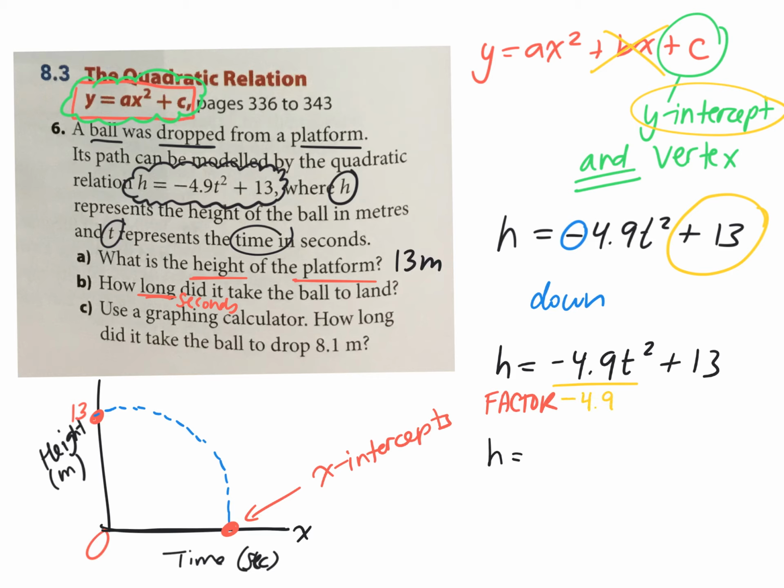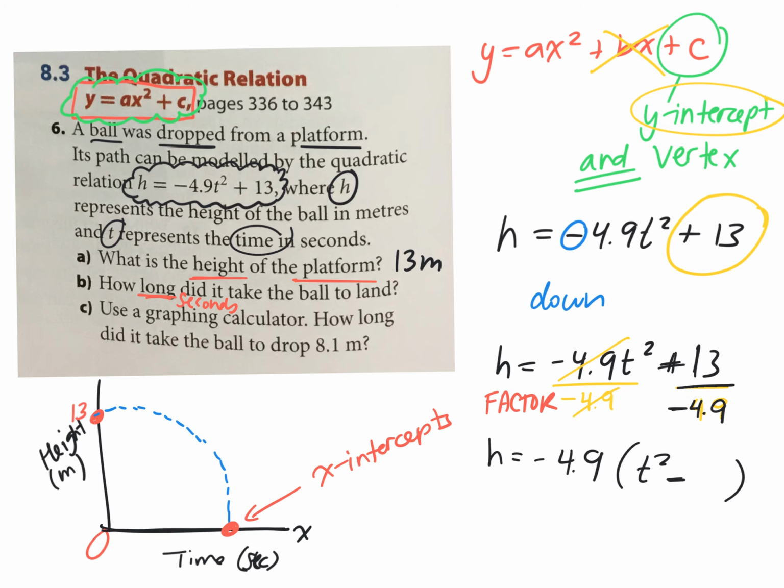Negative 4.9. I'm going to start by factoring that out. So negative 4.9 t squared divided by negative 4.9. What am I left with? T squared. And then I have a positive divided by a negative gives me a negative. What's 13 divided by 4.9?